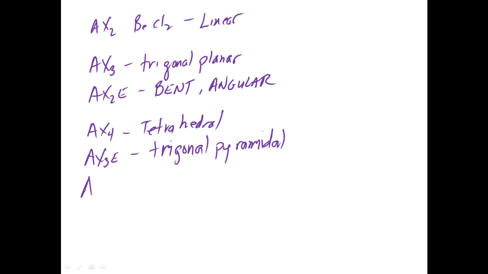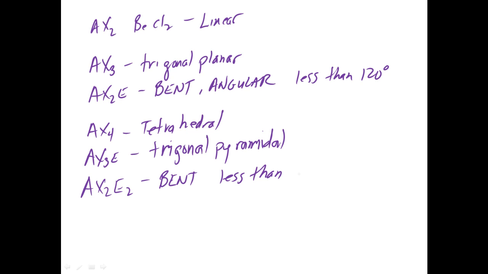And then we had AX2E2, which was bent again. The difference between this bent and the other one is that this one would be less than 120 degrees between the bonding pairs, and this one would be less than 109.5.